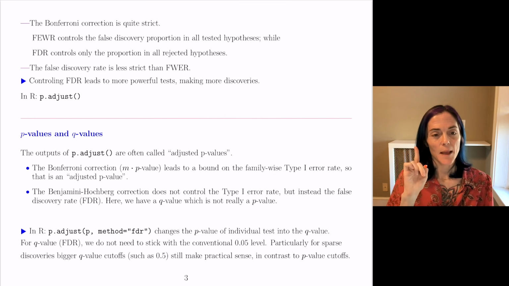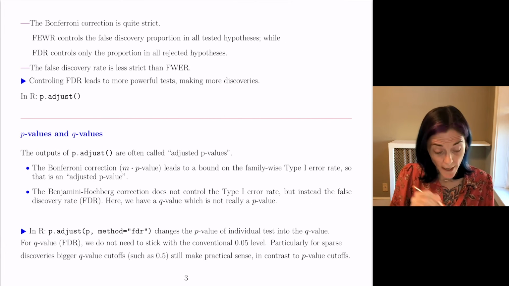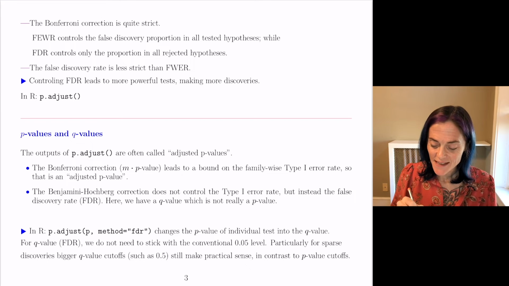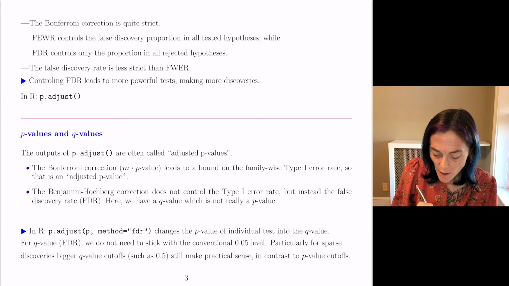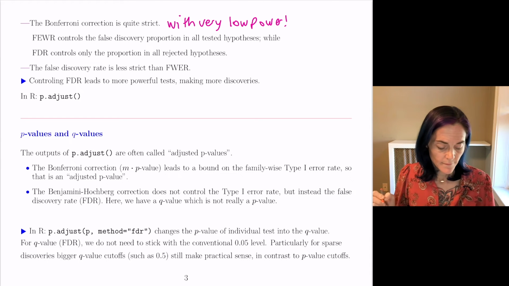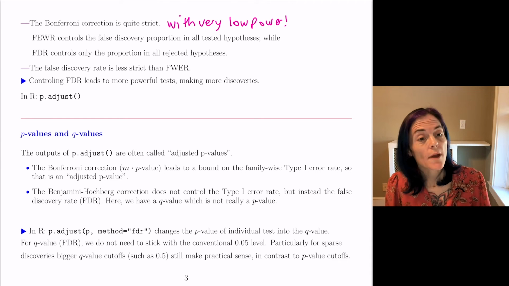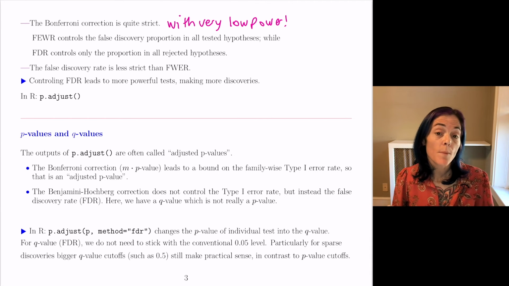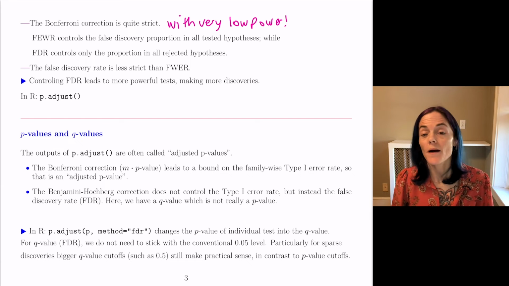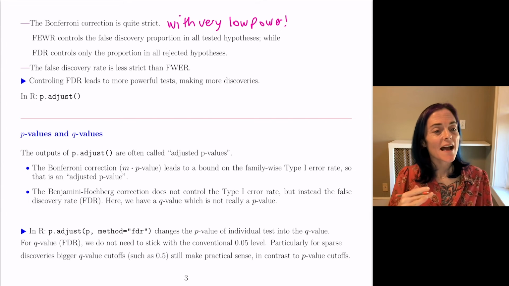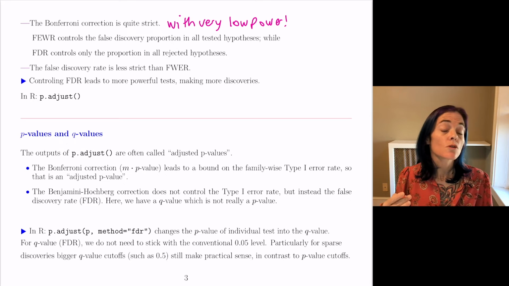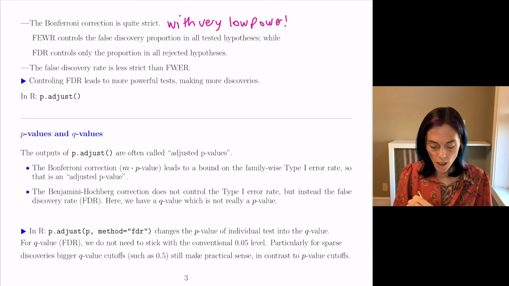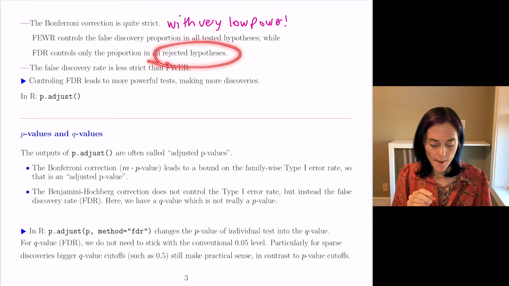Now, Bonferroni is quite strict, and because of this, we have very low power. Family-wise error rate controls the false discovery proportion in all hypotheses tested, whereas false discovery rate controls only the proportion in the rejected hypotheses.